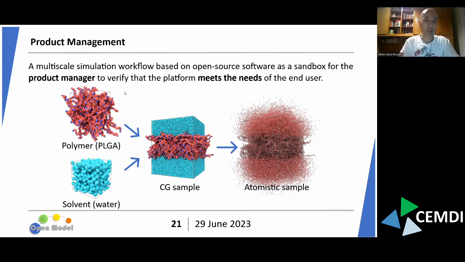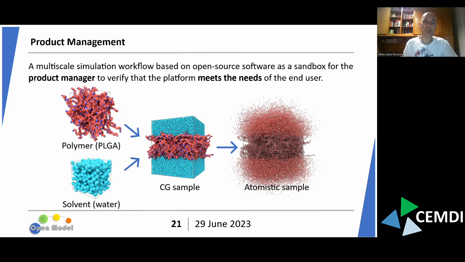Right, so almost finishing here. My role at the moment is that of a product manager. So in this project, I am making sure that what we are developing meets the needs of the end user. And my use case that I'm describing in this platform is another toy model that basically uses the stuff you saw I've done as a postdoc in research.